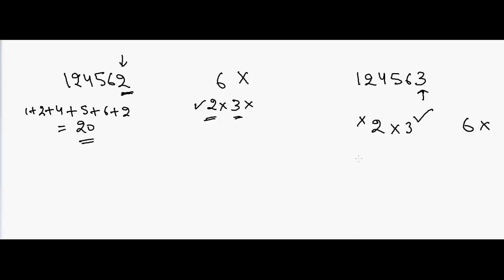Another modification we can make is to use another 6 here. So if I have 1 2 4 5 6 6, then this is both even, and the sum will still be divisible by 3. So we have 2 times 3. It passes the test both for 2 and 3, so therefore it should be divisible by 6. So that's how we do the test for divisibility by 6.